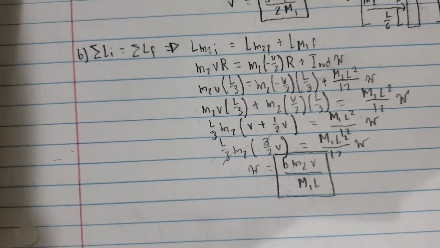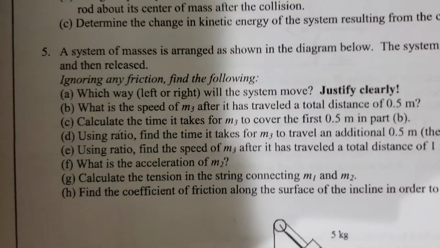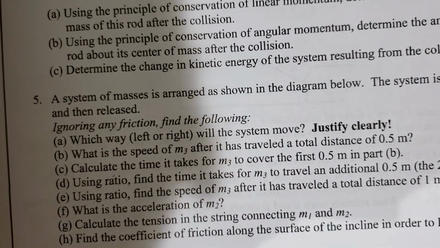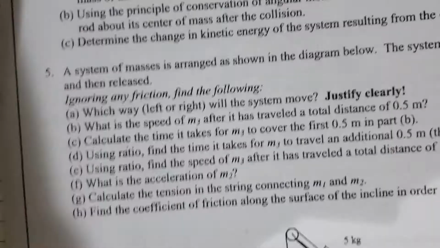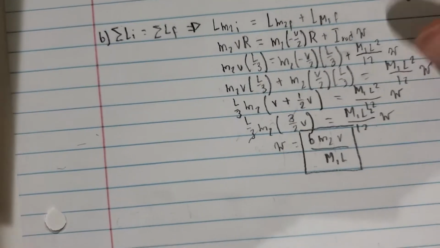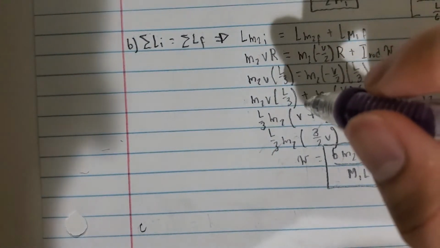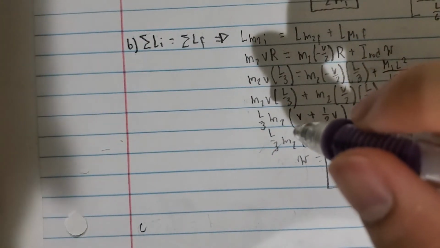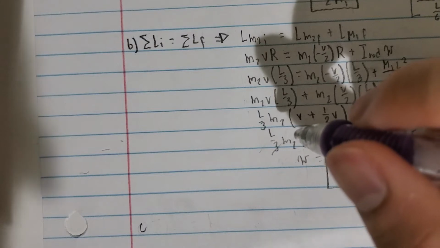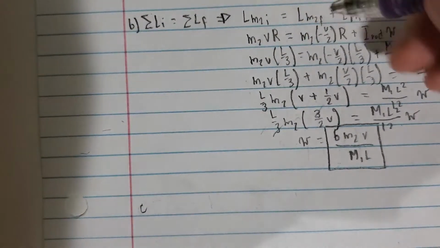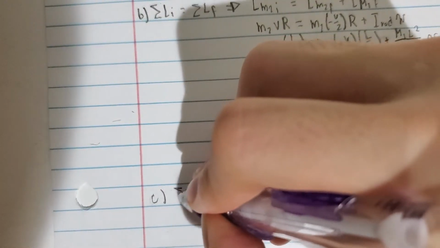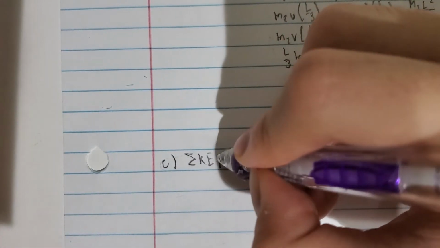Now part C wants us to determine the change in kinetic energy of the system resulting from the collision. If we want to find the change in kinetic energy, we must first find the initial kinetic energy and the final kinetic energy, and then we subtract them. So the total kinetic energy initial is what we're trying to find first.